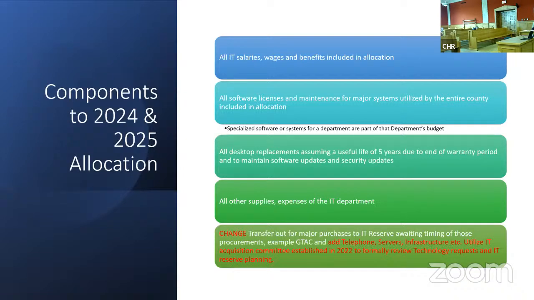Yeah, I did ask him, when I was preparing this, that was one of the questions that I asked: are all these salaries, are any of them specialized to a particular software, particular support? Because I was looking for that to say, if they were, then they would not be part of the general allocation.